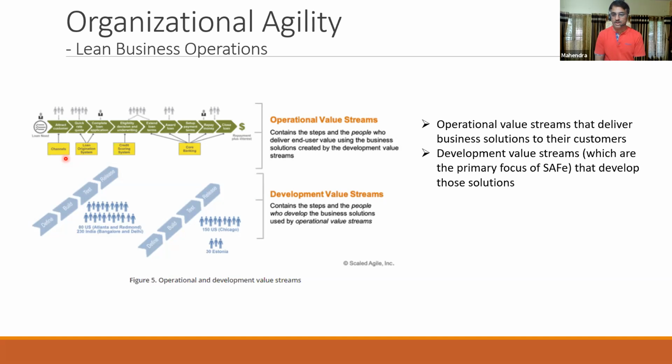So, for example, it could be the engineering team, or it could be the infrastructure team. They are development value streams which enable the operational value stream to deliver the solutions to their customers. So once again, we are not getting into the details of this. However, this is all about how we organize ourselves with respect to operational and development value streams.